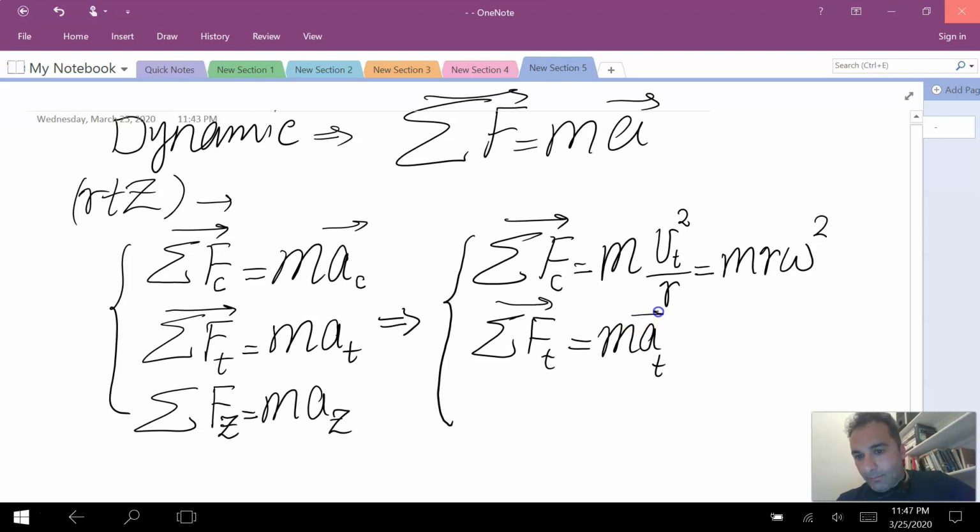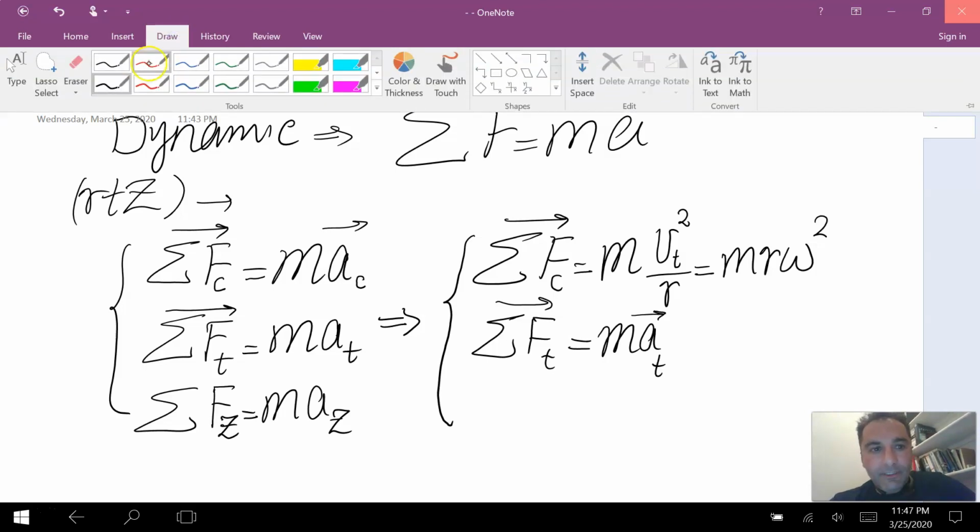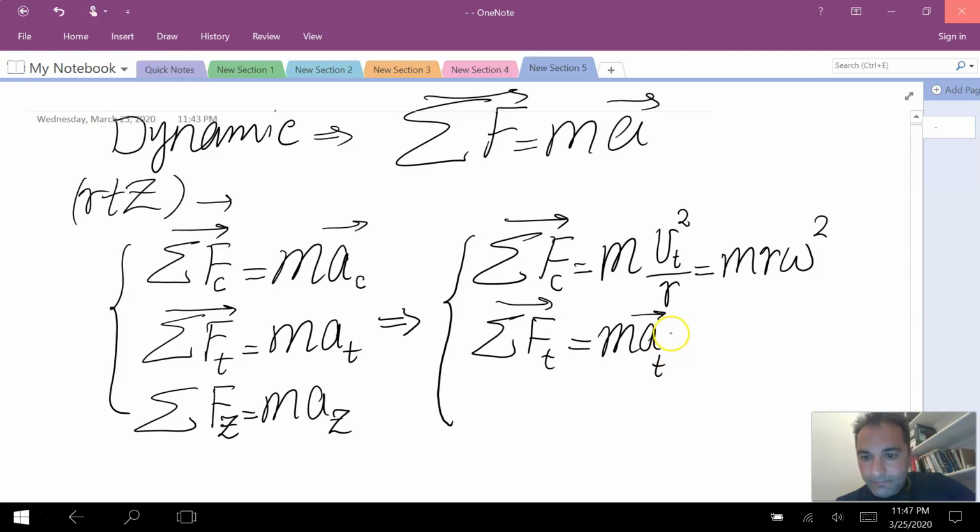Of course, I'm going to put acceleration as a vector. Now there is one thing here, guys, watch. Let me write it in a different color. If v_t is constant, then a_t is equal to what? 0.